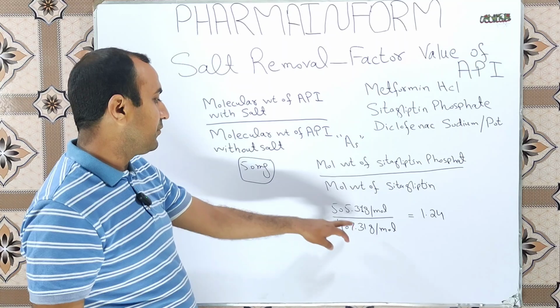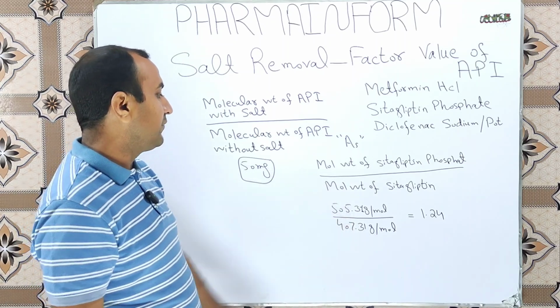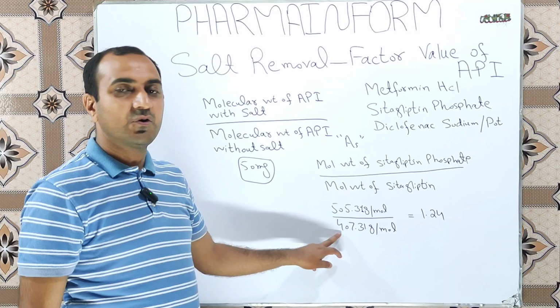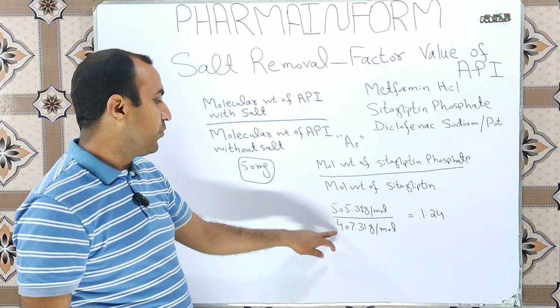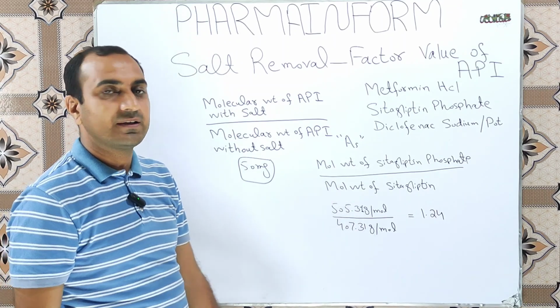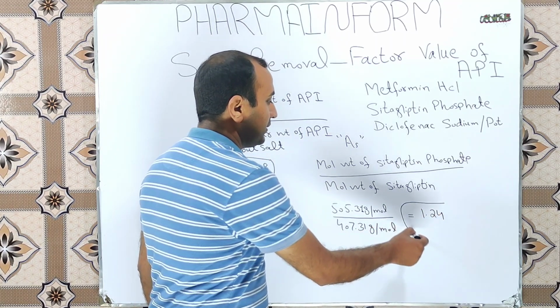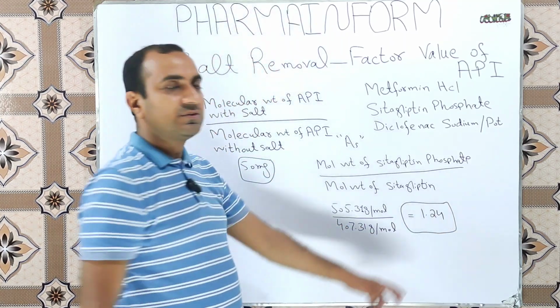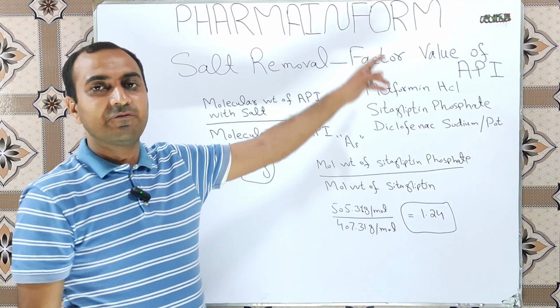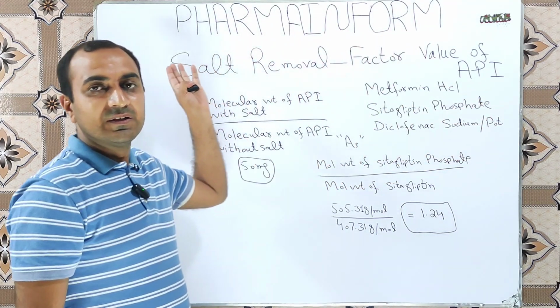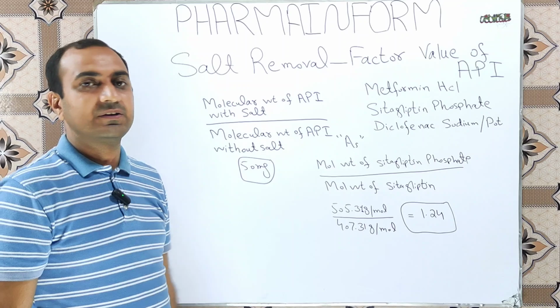The molecular weight of sitagliptin phosphate is 505.31 and the molecular weight of sitagliptin is 407.31 gram per mole. The answer is 1.24. This 1.24 is the factor value for phosphate removal, or the salt removal factor.